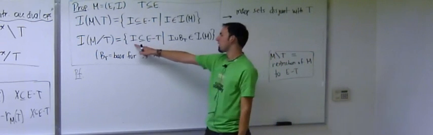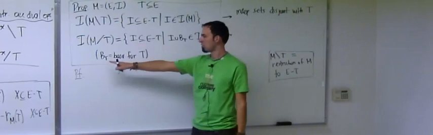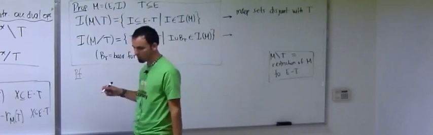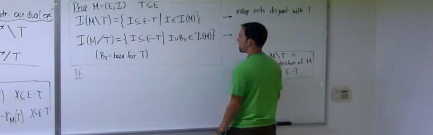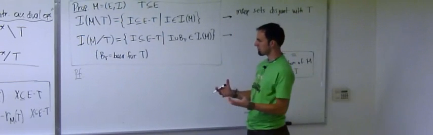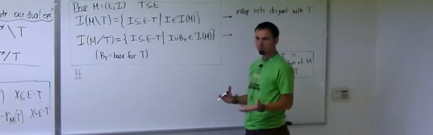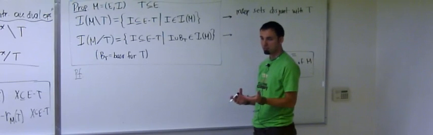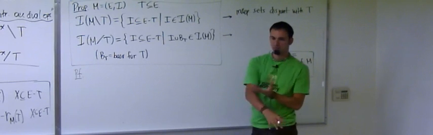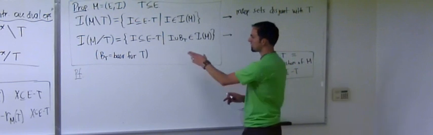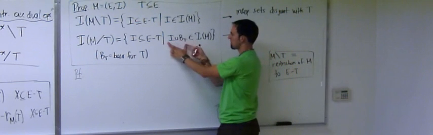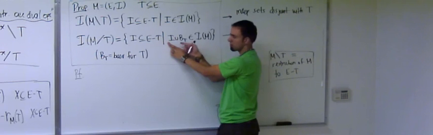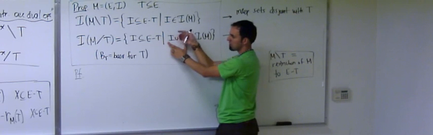What are these guys? They are the guys that are independent when you add a basis of T to them. Or another way of saying this is you take the independent sets that contain a basis of T, and then you delete that basis of T. So you take the independent sets like this one, that contain a basis of T, and then you get rid of that basis and you get your set.